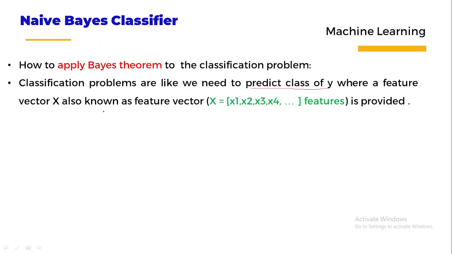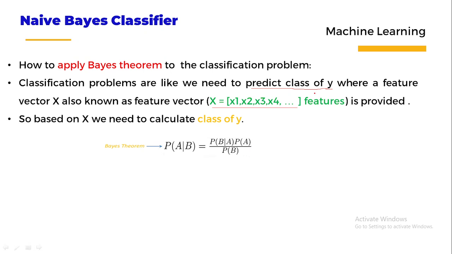You can see that for one record we have x1, x2, x3, x4 up to xn, and y is our dependent variable, or the output feature. This is a classification kind of problem, so y contains class labels like yes and no. Based on X, we need to calculate the class of y.